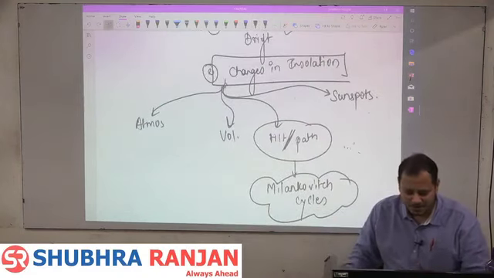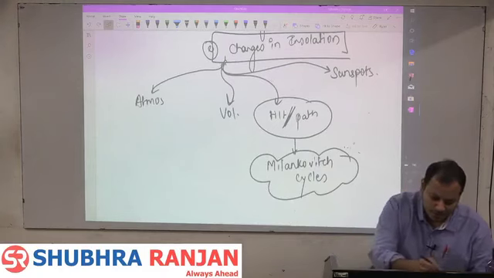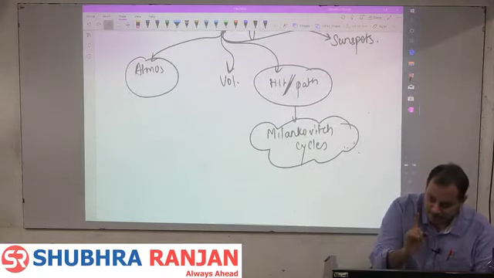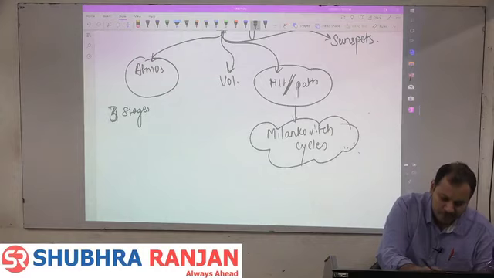Changes in the insolation due to continental drift, changes in the atmosphere. Remember the first chapter of NCERT, that there are stages in the evolution of the atmosphere. So 3 stages. First was hydrogen and helium.